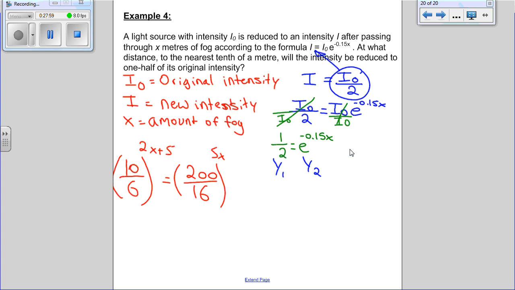My window is going to be kind of tricky. Think about the question. X is the amount of fog that you're going through. The least amount of fog I can go through is 0 fog. The most meters of fog I could see through, I have no idea. I've never really tested fog depths before. So I'm going to guess like 100 meters would be a lot of fog to be looking through.